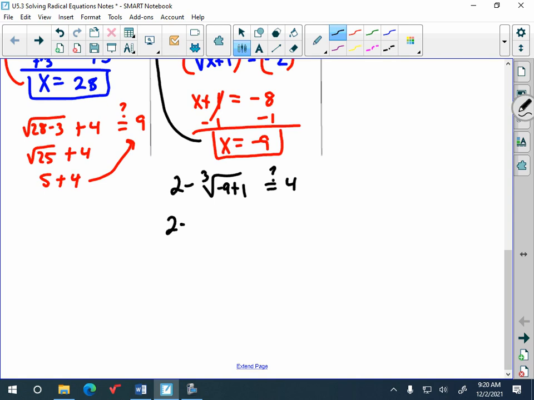Negative 9 plus 1 is negative 8. 2 minus, what's the cube root of negative 8? Negative 2. 2 minus negative 2 is the same as 2 plus 2, which is 4. And 4 equals 4. So yes, negative 9 is the solution.